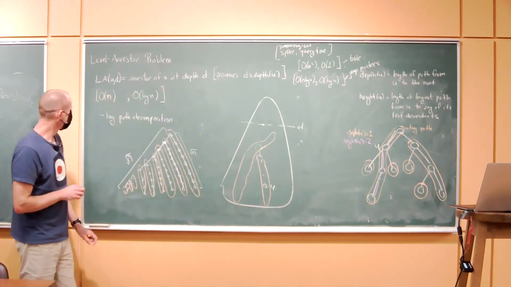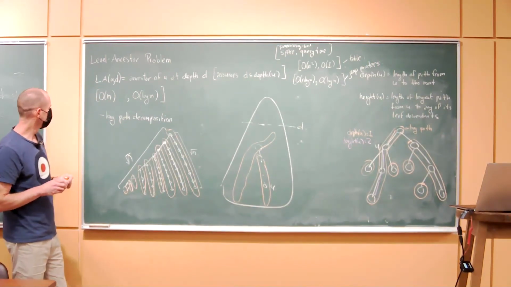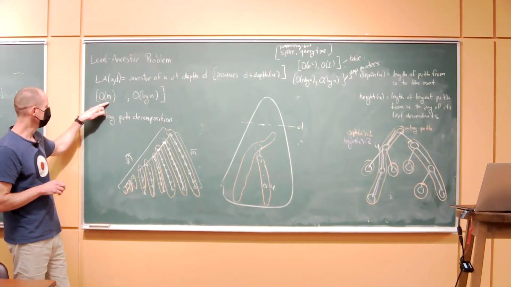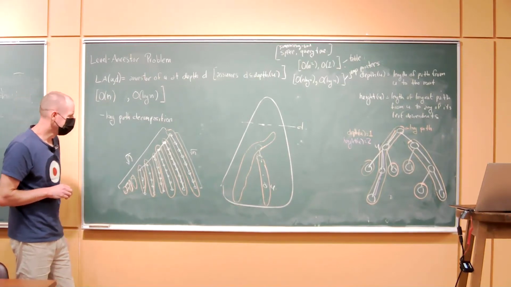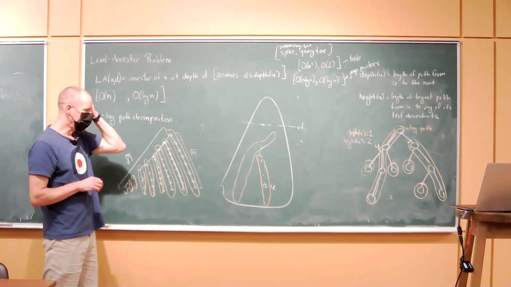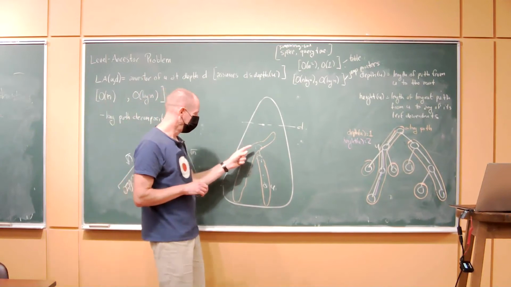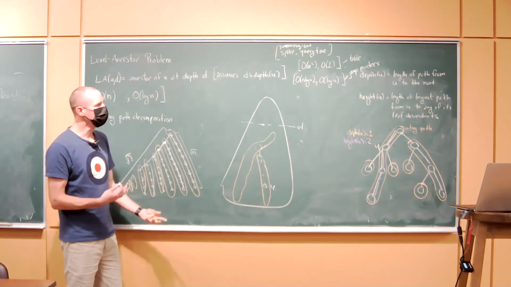The only good thing so far about that is, I think you believe, we should believe at least, that it uses O of n space. Why does it use O of n space? Well, because every node is in exactly one of these paths. So it's using like one array location.